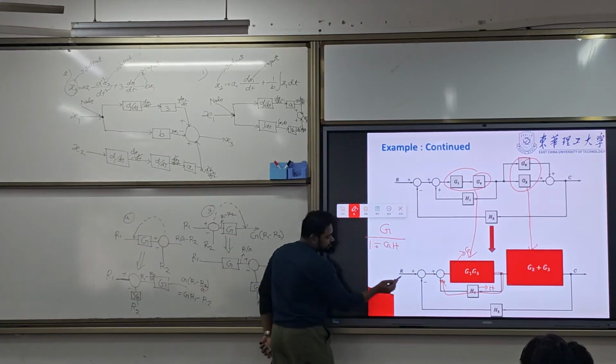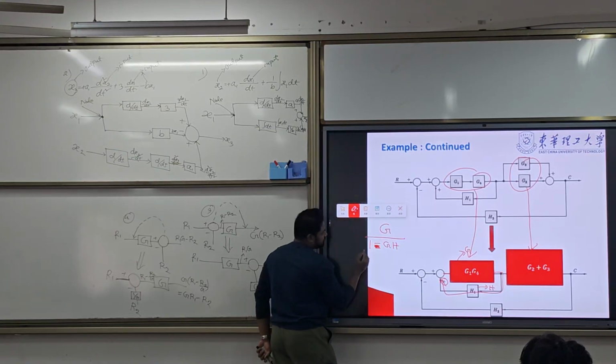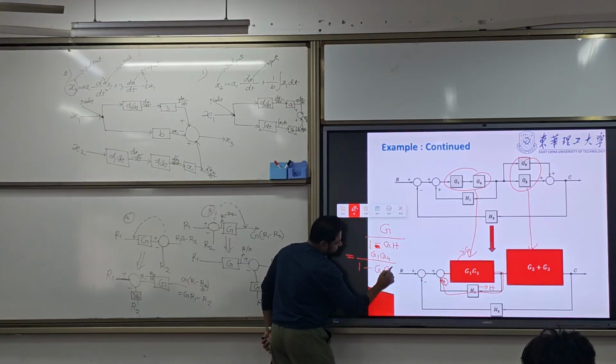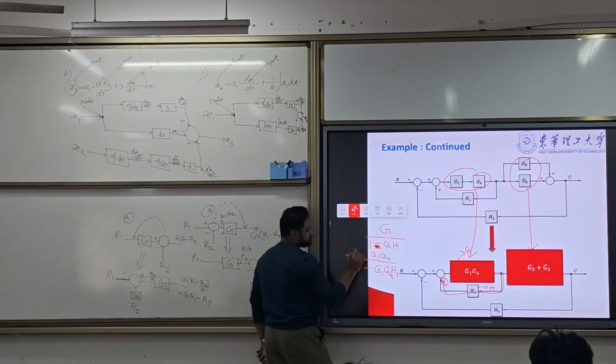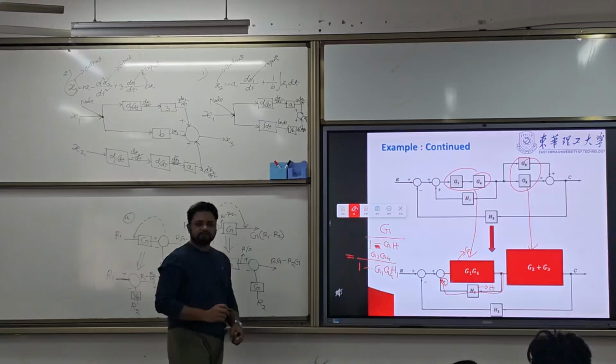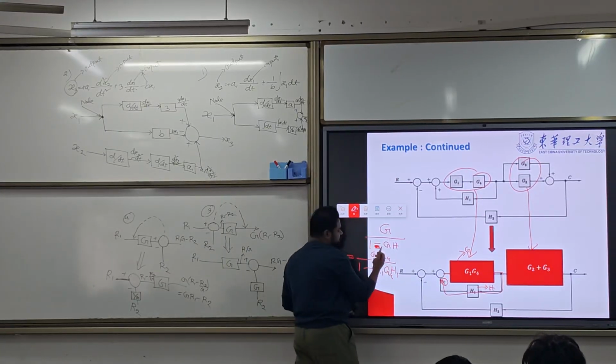We have a positive sign here, so it is 1 minus G1 G4 H1. So we have G1 G4 over 1 minus G1 G4 H1. This is the feedback rule. So this block is reduced to this.